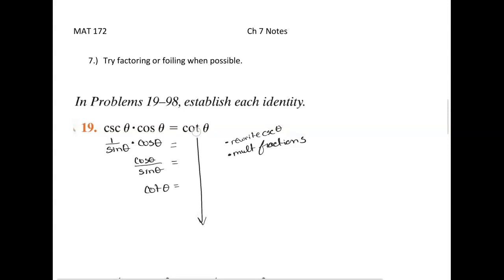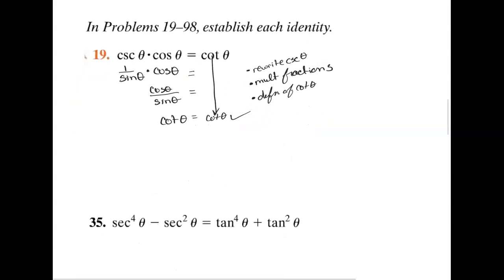And that right-hand side, I just drew an arrow through there because it is cotangent. I'm not messing with that right-hand side. I worked strictly with the left-hand side. And then we'll just call that the definition of cotangent. That was our third step. And you stop once you get the same thing that's on the other side.